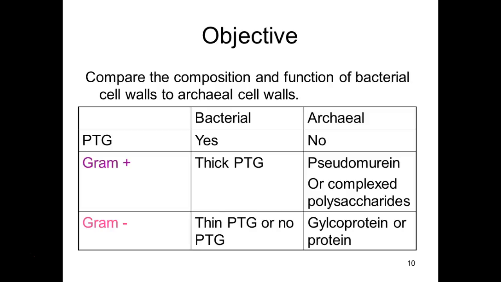And because of the mycoplasmas, if it comes out gram negative, it could have no peptidoglycan at all in the case of the mycoplasmas. But for the most part, if it's a gram-negative bacteria, it has a very thin layer of peptidoglycan. And then it also has an additional layer outside that peptidoglycan. Do you guys remember what it's called? So gram-negatives, right, they have a cell membrane. They have a thin layer of peptidoglycan, and then they have another layer.